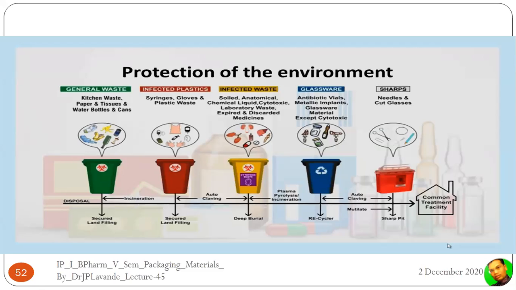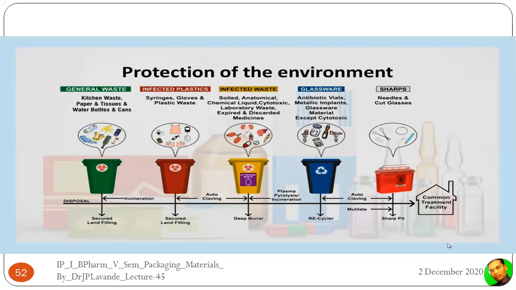If there are infected plastics like syringes, gloves and plastic waste, then autoclaving, that is pre-treatment, is required. Autoclaving will clean them and make them environment friendly, and after that they will be subjected to landfilling, that is digging the land and filling it in.